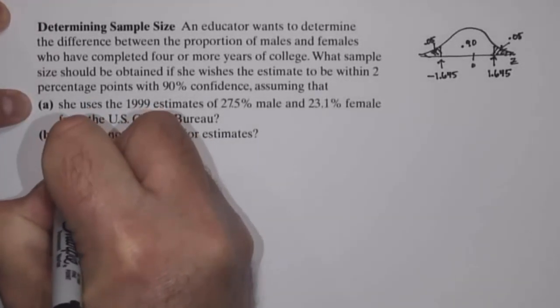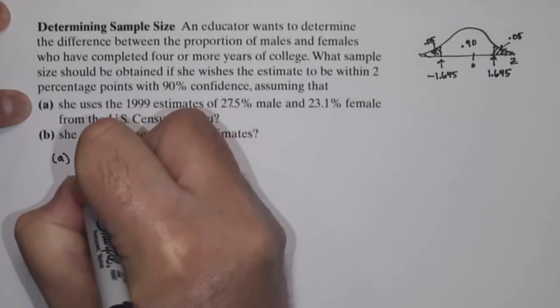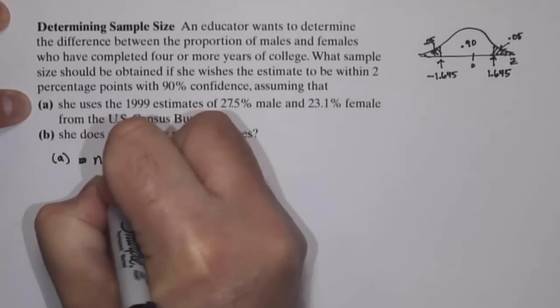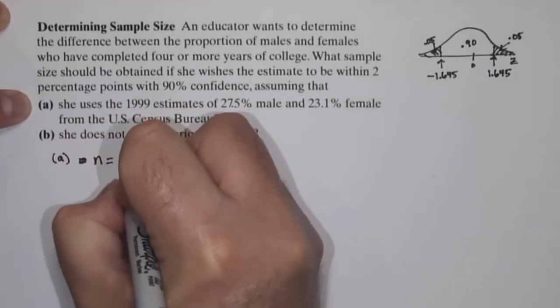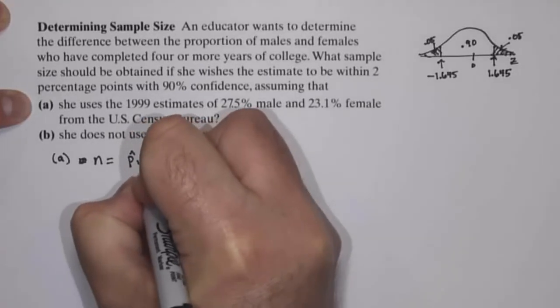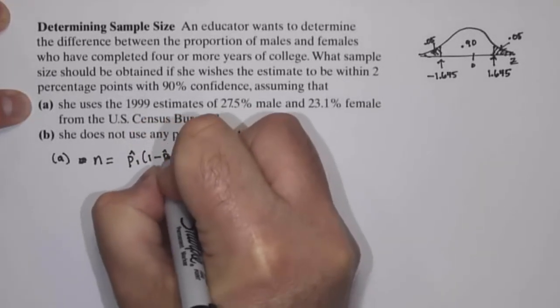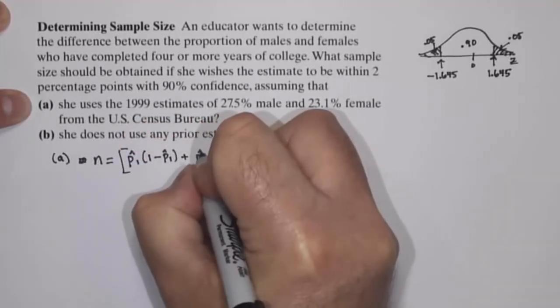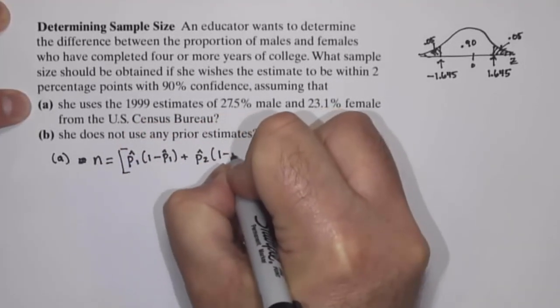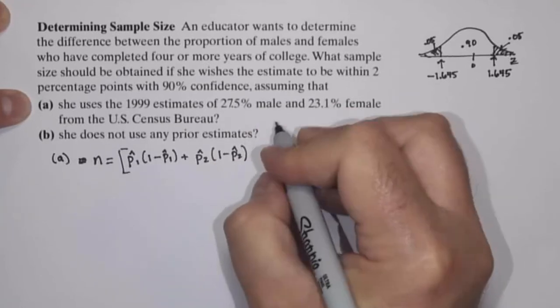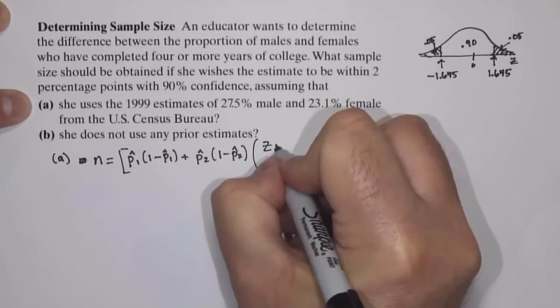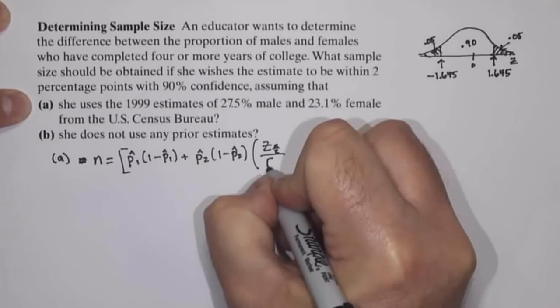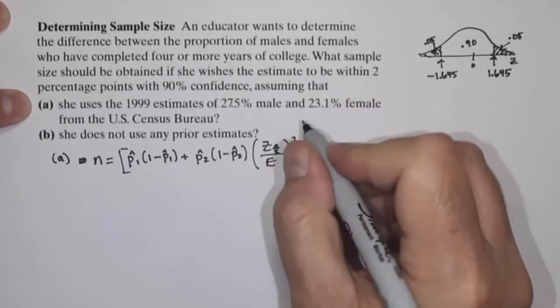So for part A, n is going to equal p hat 1 times 1 minus p hat 1 plus p hat 2 times 1 minus p hat 2 times z sub alpha over 2 divided by e squared.